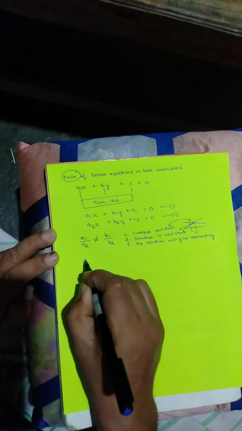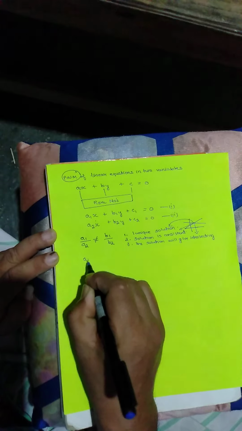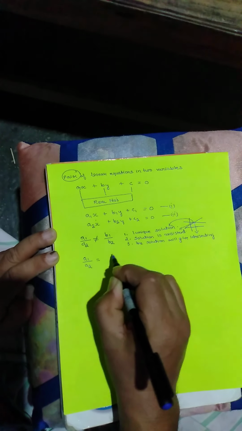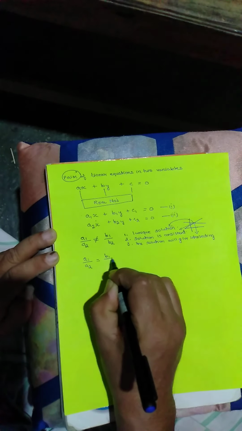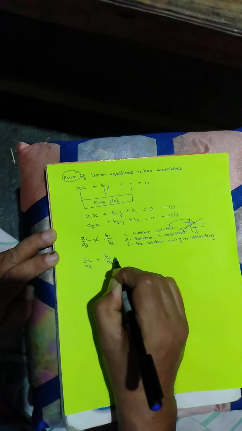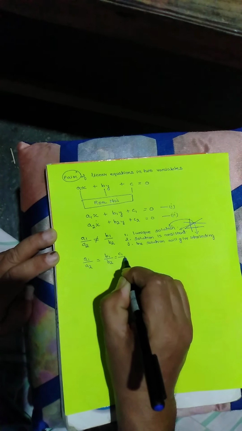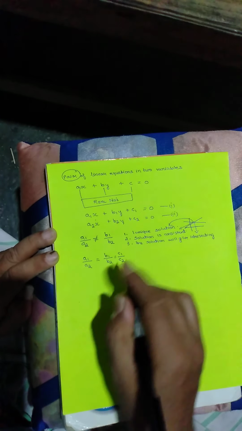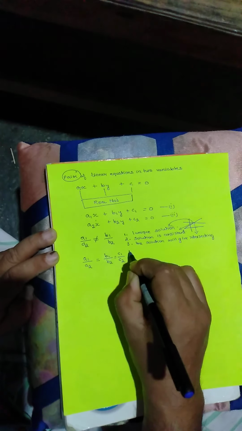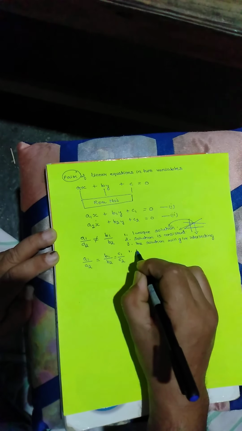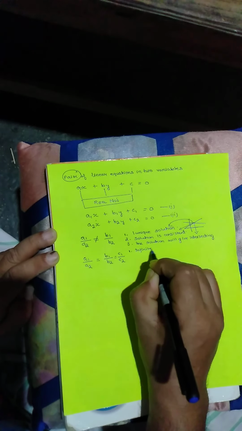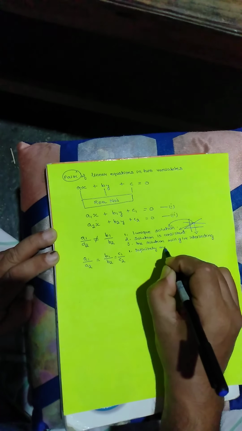Now another condition would be that a1 upon a2 is equal to b1 upon b2 is equal to c1 upon c2. In a case like this, you would have, number one, infinitely many solutions.